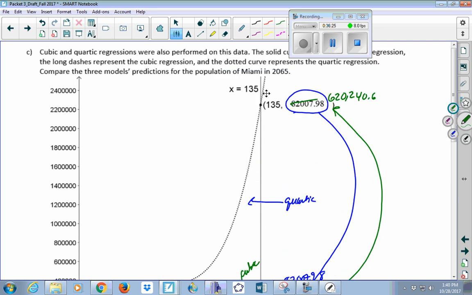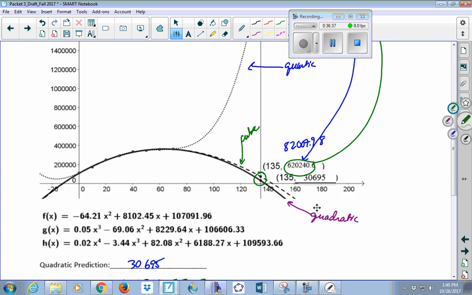This one will continue to increase towards infinity, which isn't really an accurate prediction. Your quadratic is going down to be negative, and then this cubic is going to eventually come back up and increase towards infinity as well. So none of these models appear to work very well for making predictions out to 2065.